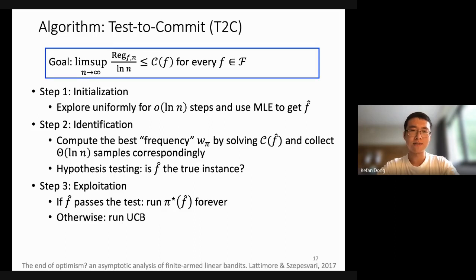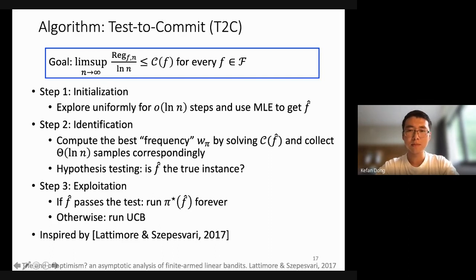Otherwise, if f hat is rejected by the hypothesis testing, we simply give up and run UCB. And I would like to mention that our three-step algorithm is inspired by this very nice prior work on asymptotic instance optimal algorithms for linear bandits.